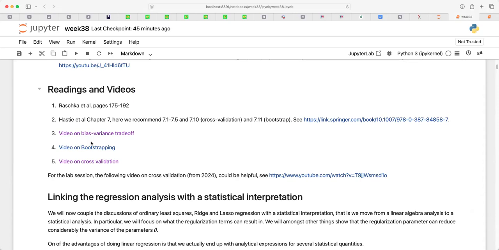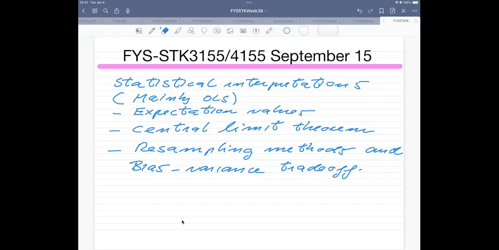Okay, so let's switch over to the whiteboard after these introductory words. And let's do that one. So we're going to look at some elements of a statistical analysis.